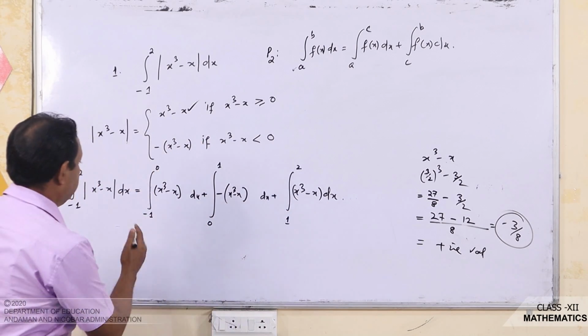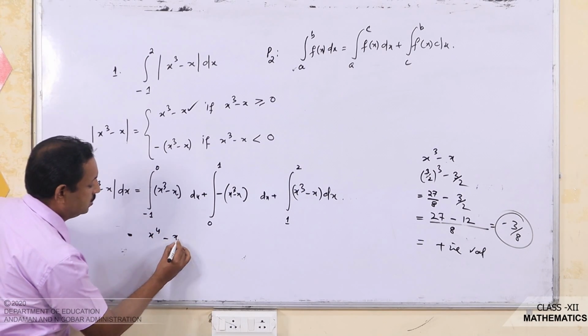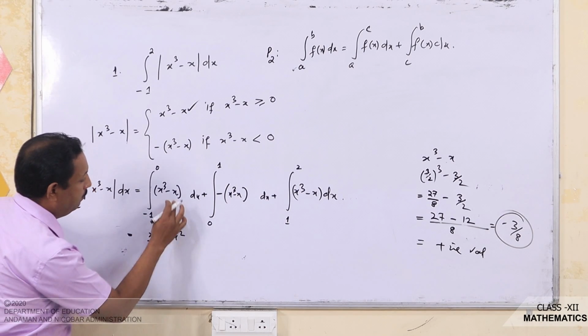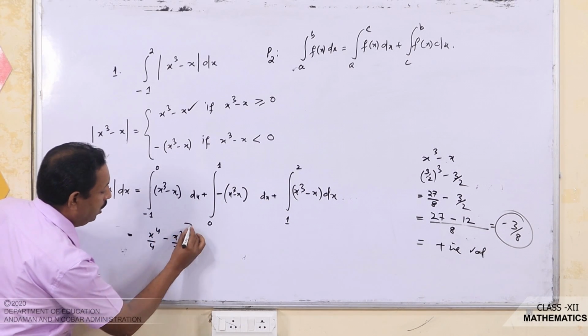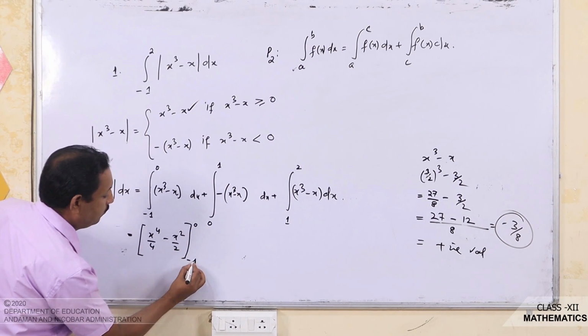Simple integration is what? You can write x power 4 by 4 minus x square by 2, and put the limit over it, that is 0 and minus 1.